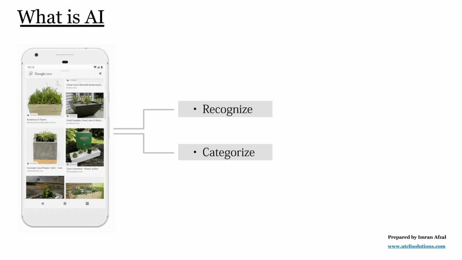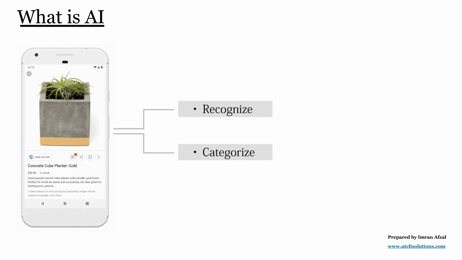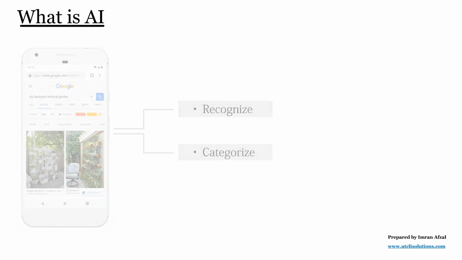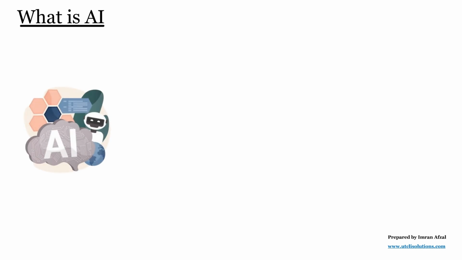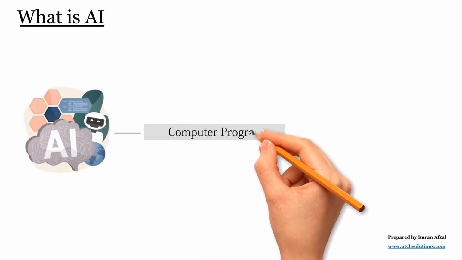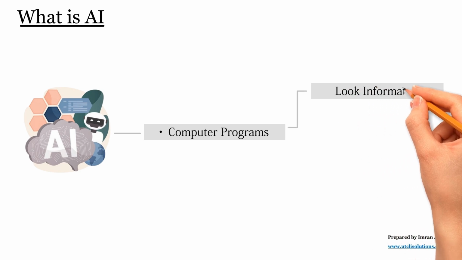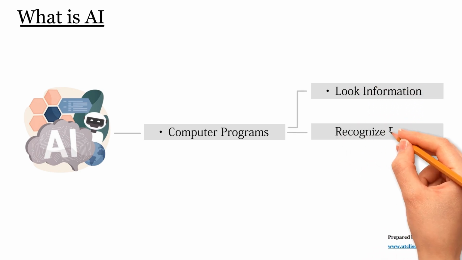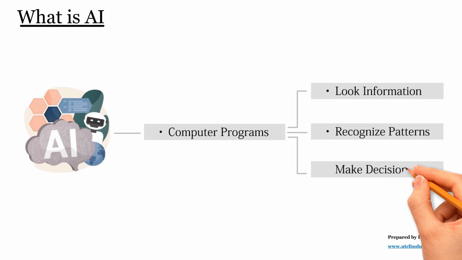The app then organizes these images accordingly. Okay, so AI, we all know, uses special computer programs to look at lots of information, recognize patterns, and make decisions. Now I hope you have a good introduction to AI, and we will discover a lot about it in the upcoming videos.